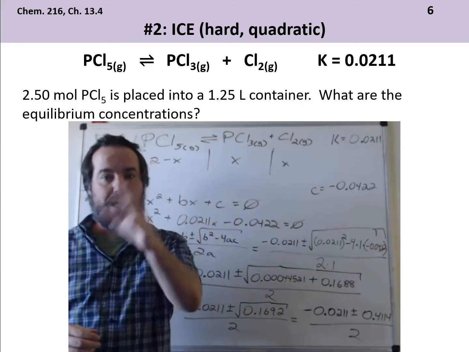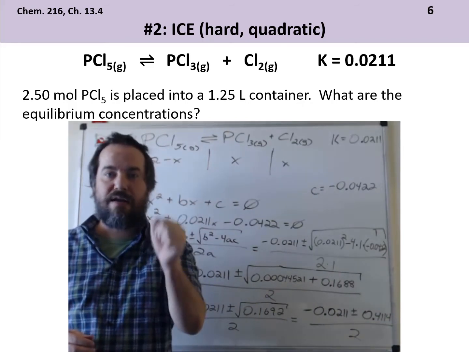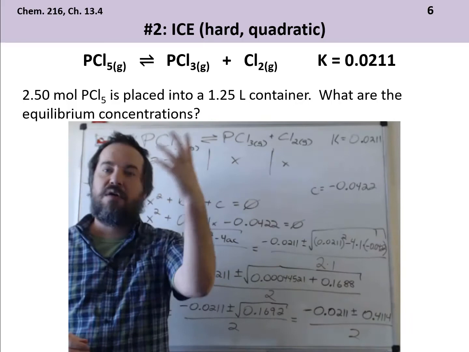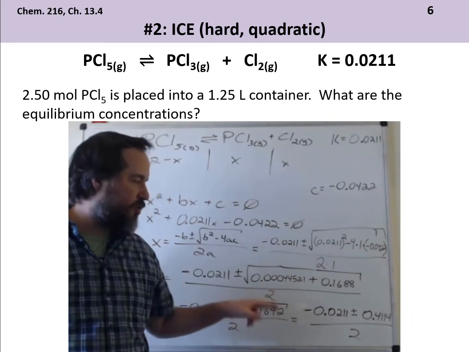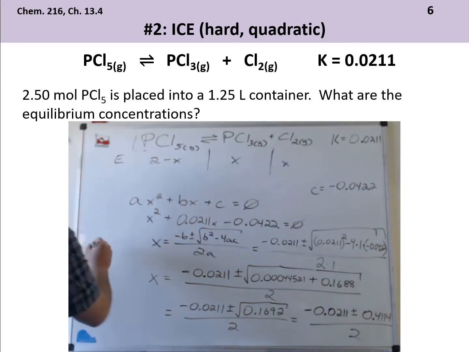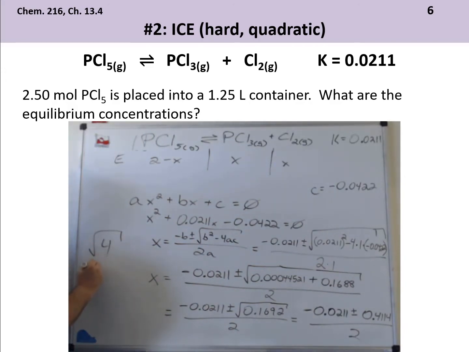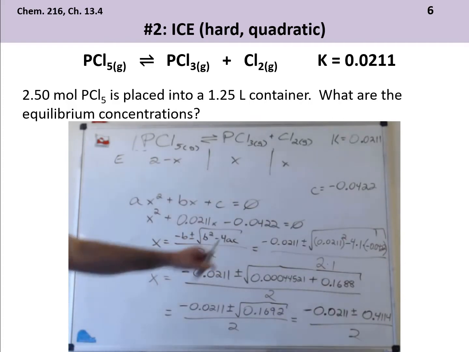Why? Because 2 times 2 equals 4, and negative 2 times negative 2 equals 4. So I have to include that plus or minus in the quadratic.